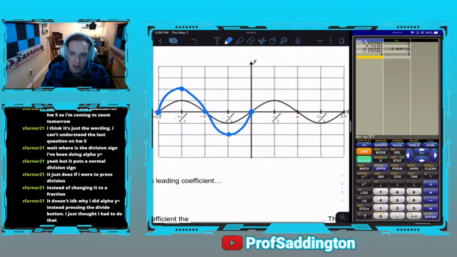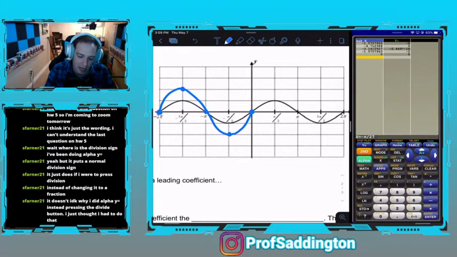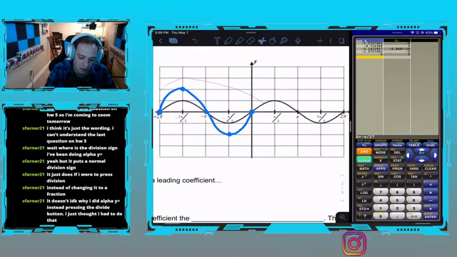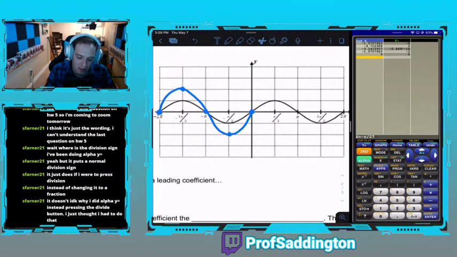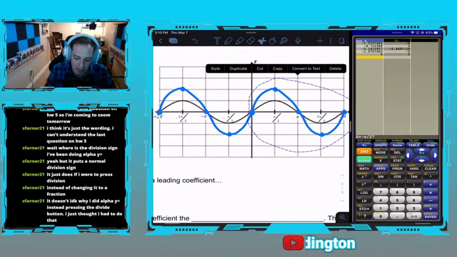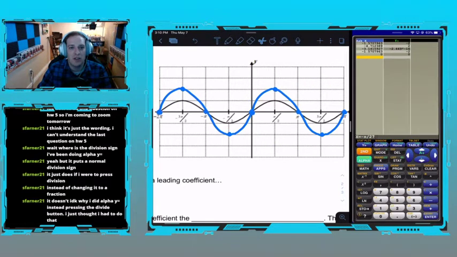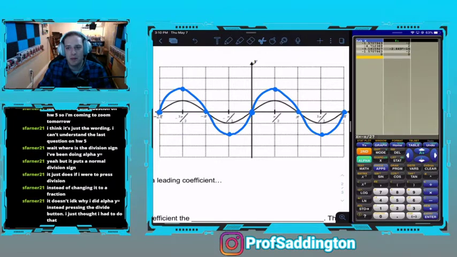Because we get to do this on the iPad, I'm just going to use the scissor tool and copy it. So I have the same exact curve, and I'm just going to shift it over. If you want to type in all those positive answers, you can. But I'm telling you guys that this graph will just repeat on the negative and the positive side. It's going to look exactly the same.